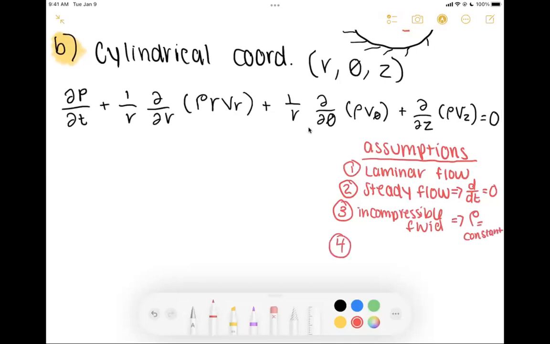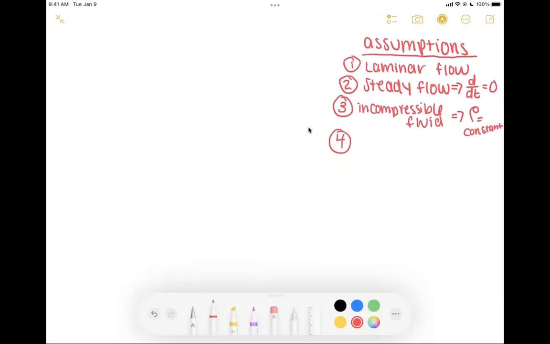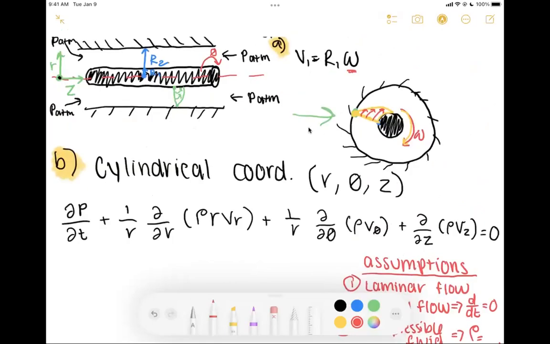The fourth assumption that I make is where it gets a little bit tricky. So this is where we kind of have to use the picture. So we have 3 velocities that we could have. We have v in the z direction, v in the r direction, and v in the theta direction. Typically in these problems, one of them is not equal to 0, but the other 2 are. So that's when we use this r and z coordinate system.